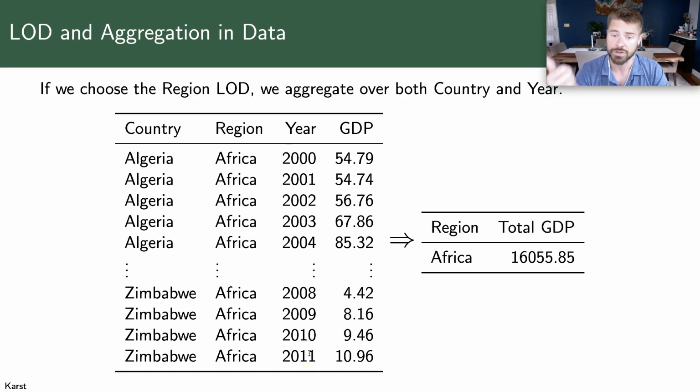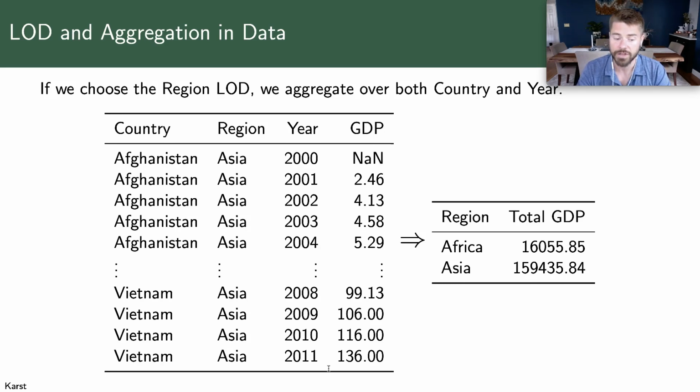So I have every country, every year, and I'm adding up all the GDPs. So notice what's happening. It's not like we're just getting rid of one thing or the other thing. We're actually getting rid of two of the dimensions because we're aggregating out country and we're aggregating out year. All we're left with is a single value for each particular region. So I could do the same thing for Asia.